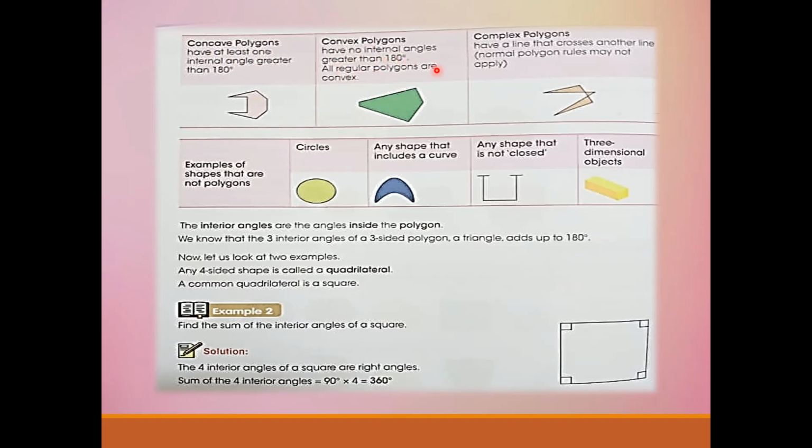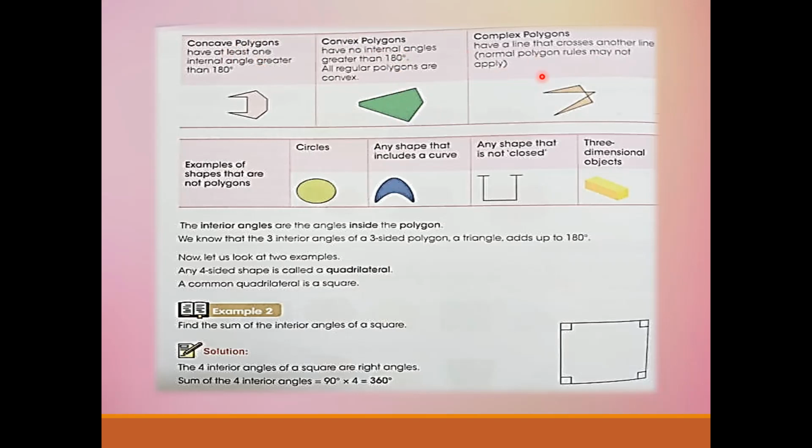All regular polygons are convex. Okay, so regular polygons, it means they don't have internal angles greater than 180 degrees. So you have to remember the difference. Again, convex, no internal angles greater than 180 degrees. Concave, at least one internal angle is greater than 180 degrees.